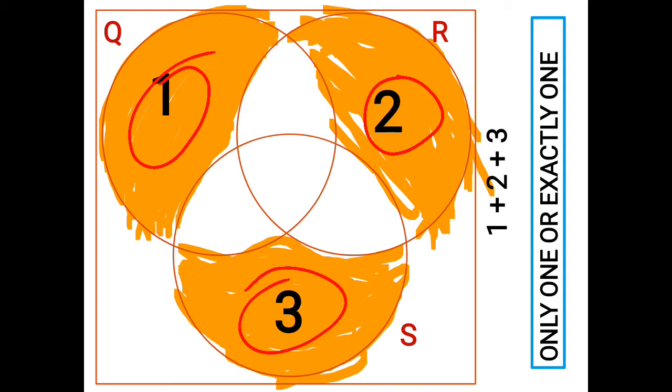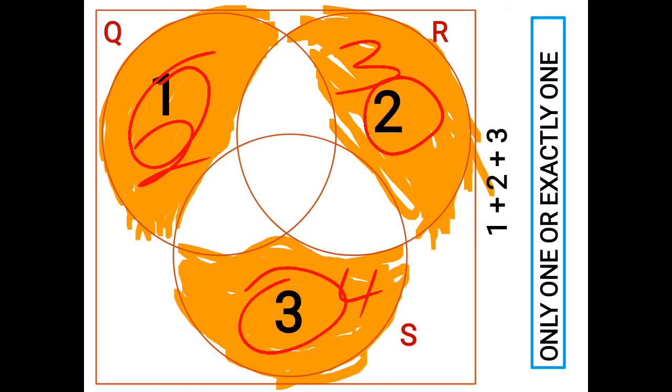Assuming after solving, you had 2 in region 1, 3 in region 2, and 4 in region 3. When you are asked to find those who read only one subject, it's going to be 2 plus 3 plus 4, which is going to be 9, meaning 9 students read only one subject or exactly one subject.